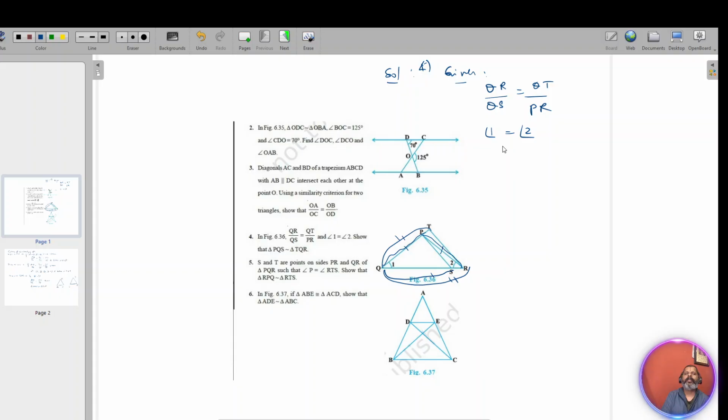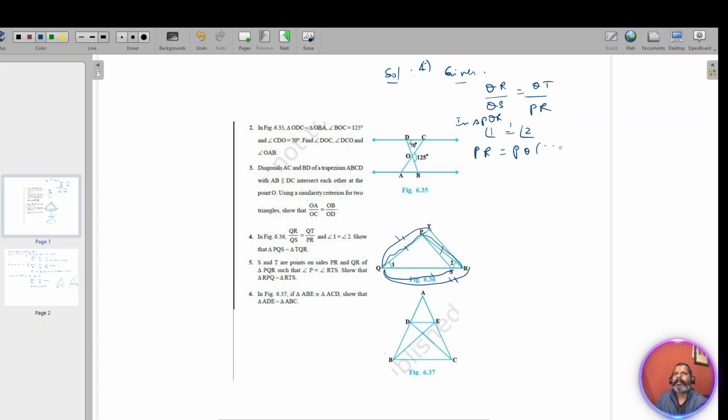What is angle 1 and angle 2? If you remember the inequalities of triangles, if two angles are equal in a triangle, then their opposite sides are equal. Angle 1's opposite side is PR. Angle 2's opposite side is PQ.